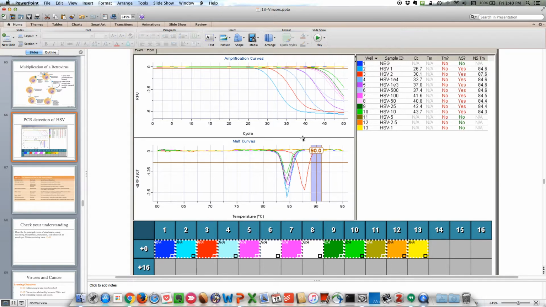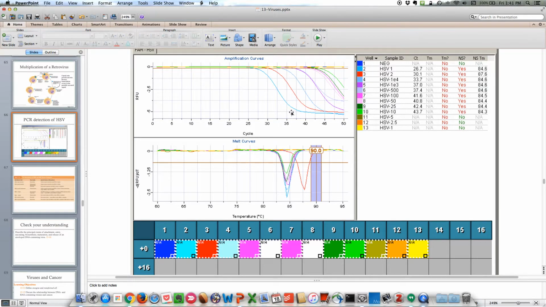And what we can see is that this is the output of what's called a quantitative or real-time PCR machine, in which we're looking for production of pieces of DNA that were synthesized off of copies of the viral genome. And so basically, the earlier that you see this curve deflecting, the more virus was in that patient sample.